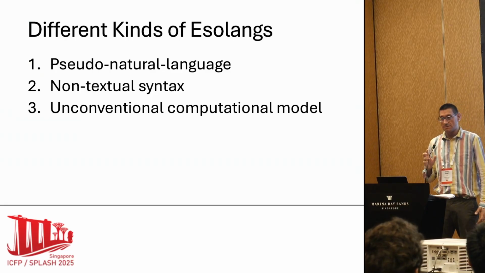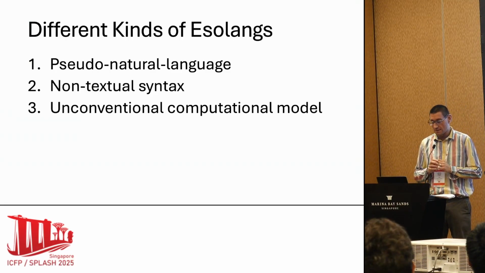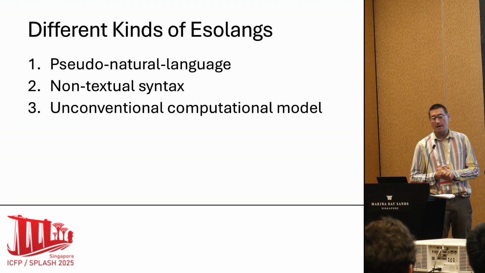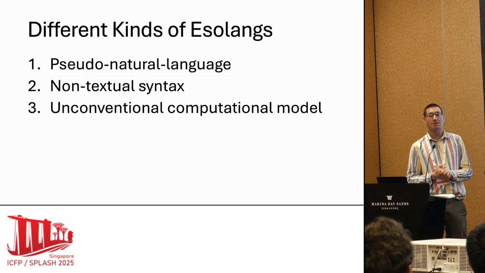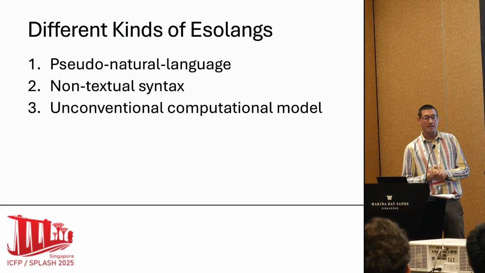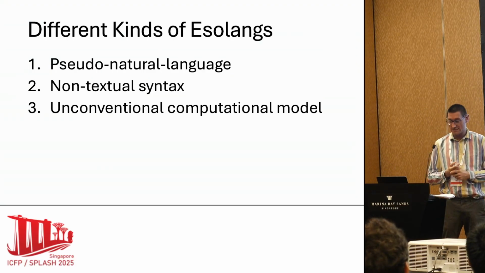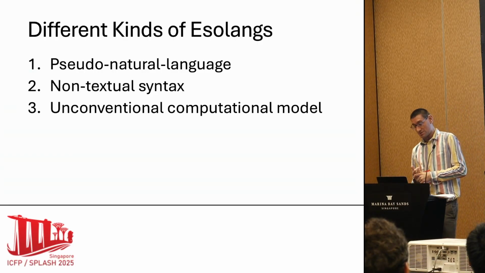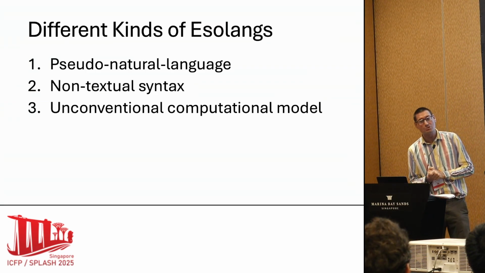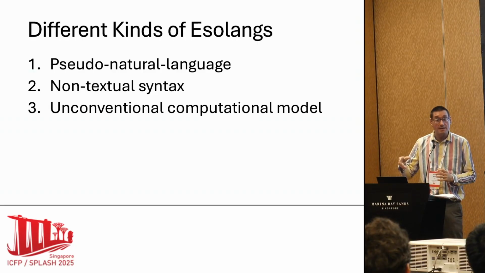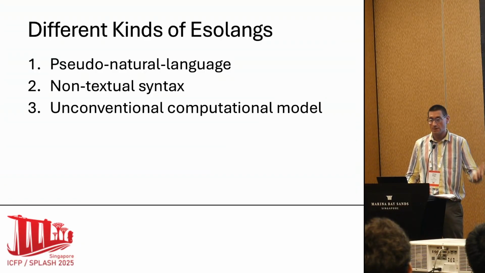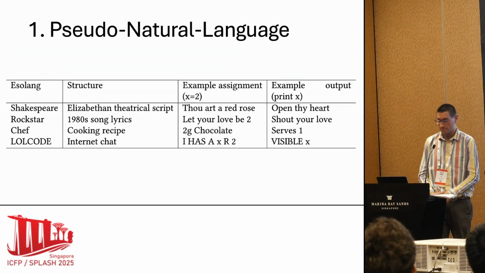Now, these divisions aren't necessarily disjoint, so there might be some overlap between them. But I'm going to claim that the 3 types of esolangs that we see at large today are those which have pseudo-natural language syntax, those which have non-textual syntax, and those which have, let me say, an unconventional computational model. And you can see immediately there will be some overlap between these because the first 2 relate to syntax and the third relates to the underlying computation.